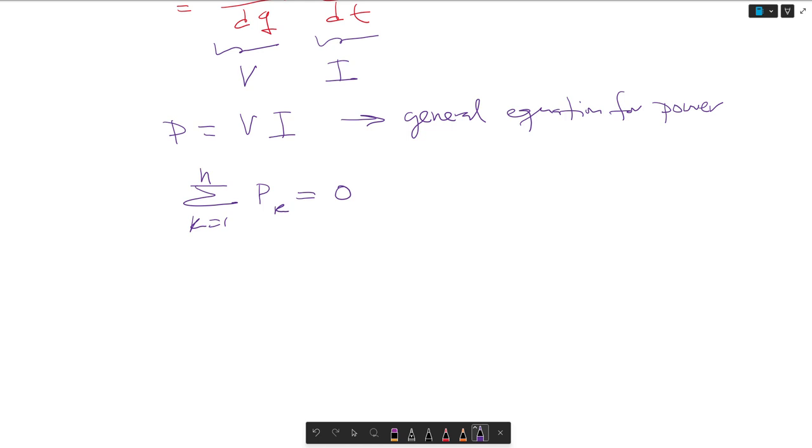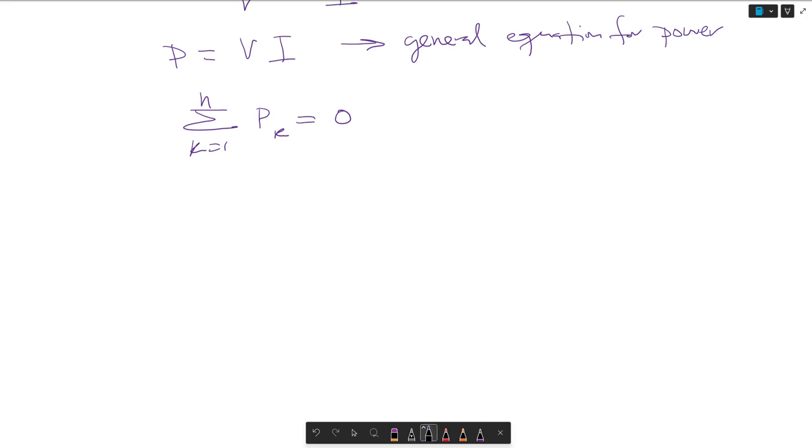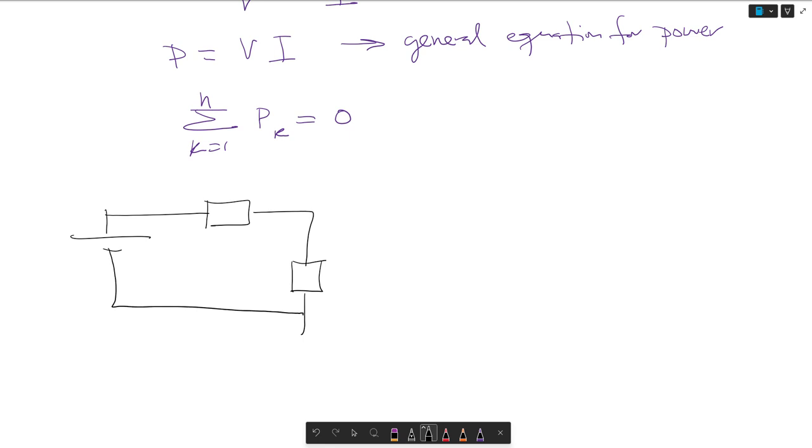So if we have an example that looks like this, where we have two devices, this is ground, where the voltage drop on device 1 is 6 volts, the voltage gain here is 6 volts, and the voltage drop here is 15 volts. And this is a battery supplying 12 volts, and there's a current that flows of 3 amps.